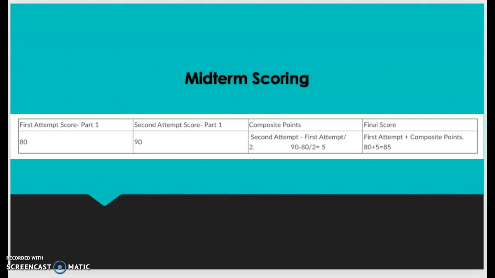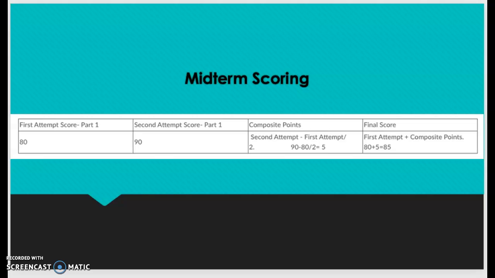Okay, so I wanted to explain the scoring a little bit. This shows how they will be scored. Let's say you got 80% on your first attempt. Then you chose to take it again during week 10 and you got 90%. So what happens is we take the total score of week 2 and then we minus the week 1 score, which is usually lower because it's closed resources, and then we divide that by 2, and then it equals 5.